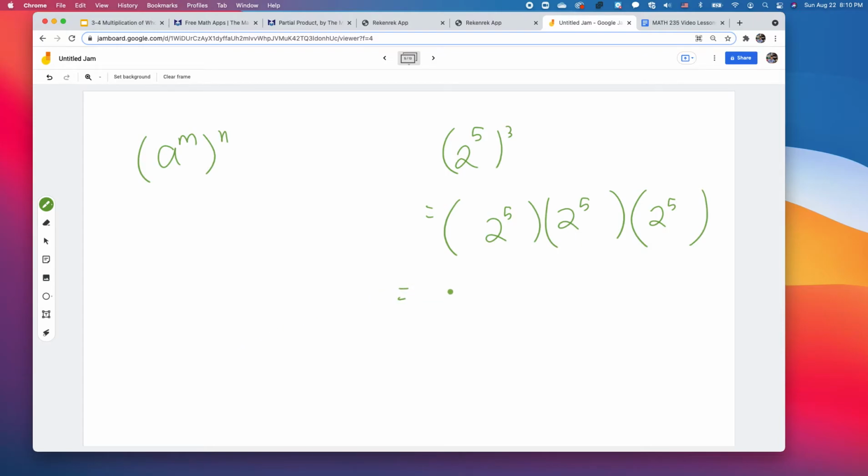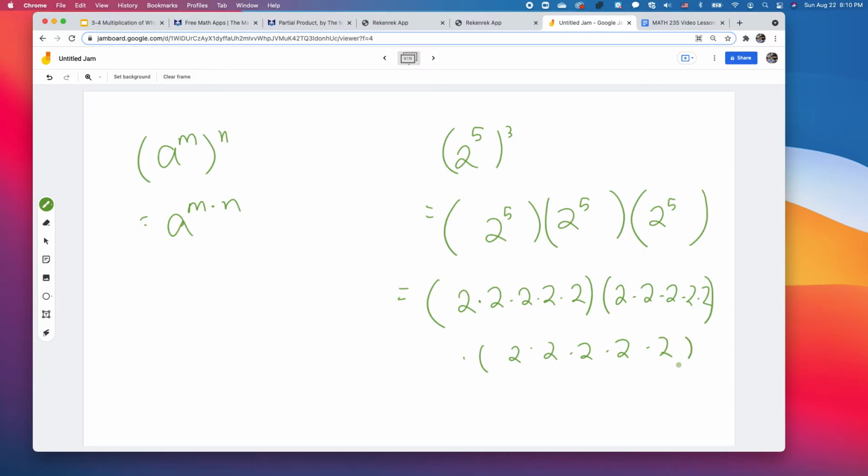Yeah. So that's why we are using this as multiplication, m times n. Because we have 2 to the 5th, which is 2 times 2 times 2 times 2 times 2. In each of these parentheses, I have 2 times 2 times 2 times 2 times 2. Right?